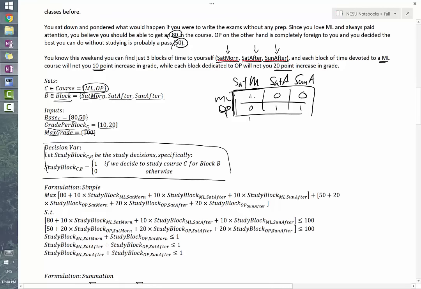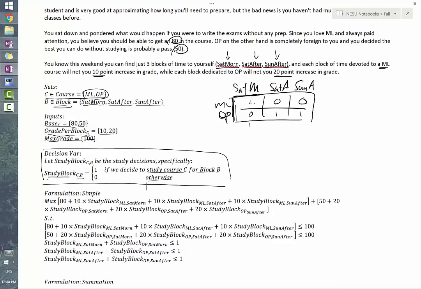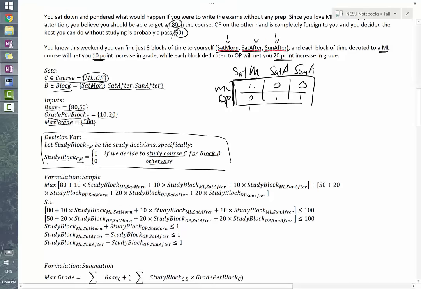Our decision variable now takes on this form. Study block, which is denoted by CB, is equal to 1, so it's a binary variable now, if we decided to study course C for block B, and 0 otherwise. And our simple formulation is, you see this is starting to get complicated, and that the summation formulation is actually more logical.